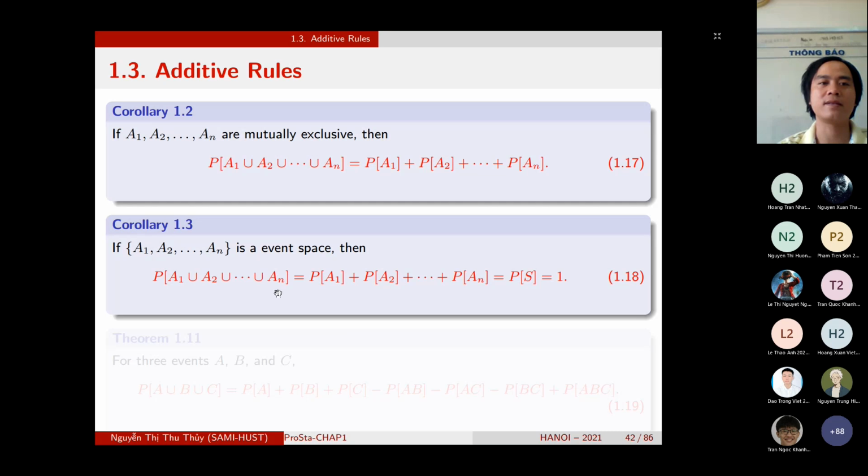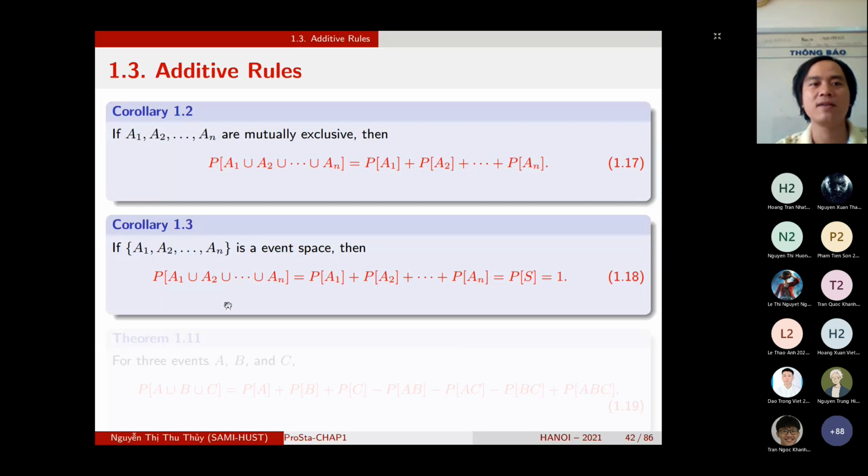And the simple corollary says that if A1 to An is an event space, that means they are mutually exclusive and they are collectively exhaustive, or we can say A1 to An is a partition of the sample space S, okay.